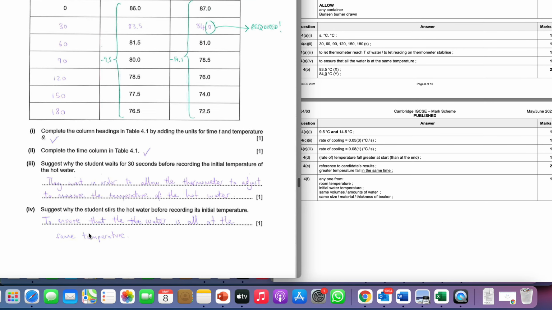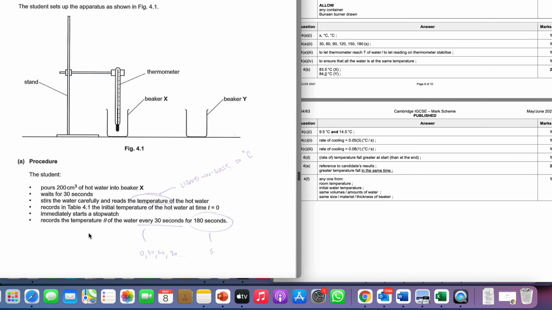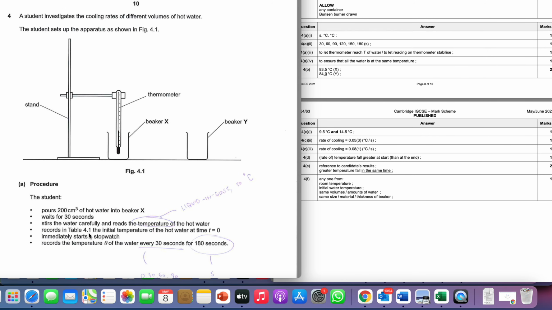It's worthwhile looking at the question. You've got a thermometer. As you know, a liquid in glass thermometer will take some time to respond to the temperature that it's measuring. So if you place a thermometer in the hot water, we have to wait for the liquid in the vertical column to rise to the correct height, and then use that to measure the temperature.